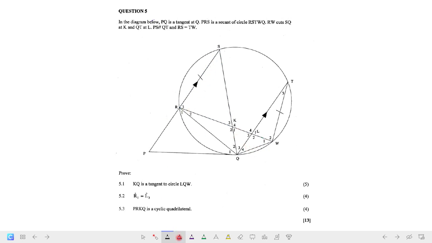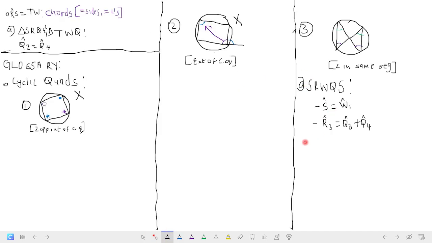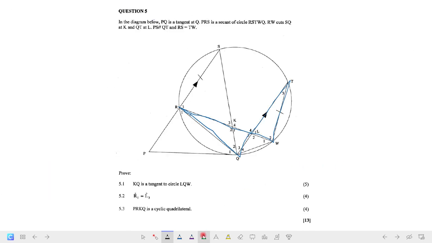All right, now let's look at the second one that we had. We just did this one. The second one was this one, R Q T W, and then back to R. Now in this one, I can see that T3 is the same as R2.